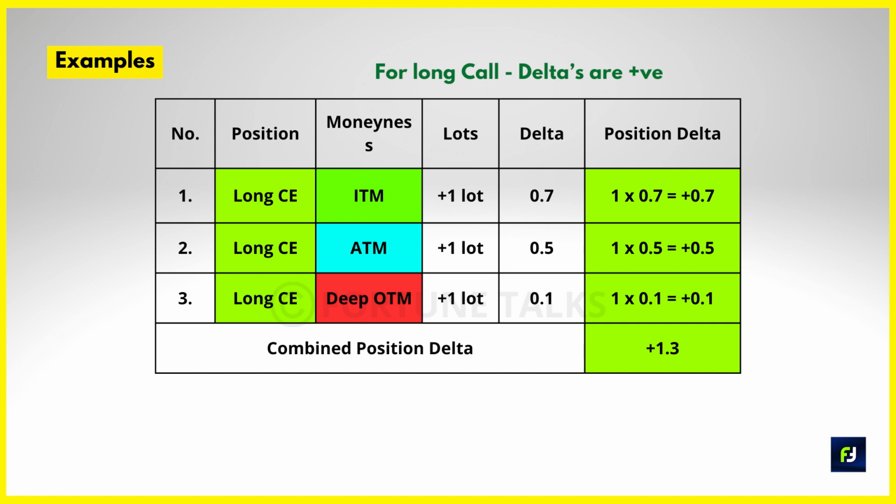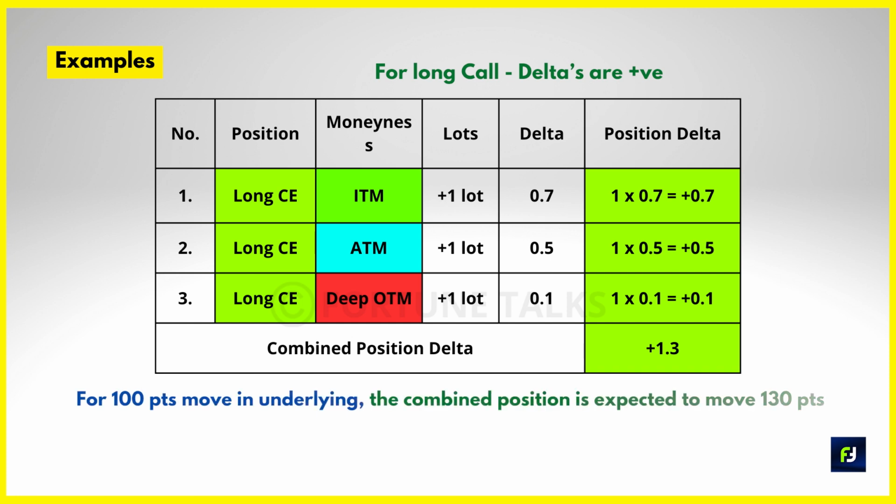This also means that both the underlying and the combined option position moves in the same direction. So for every 1 point change in the underlying, the combined option position changes by 1.3 points. So if the underlying moves by 100 points, the combined position is expected to move by 130 points.